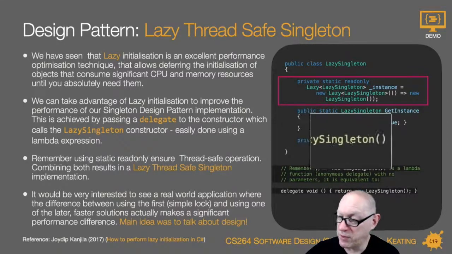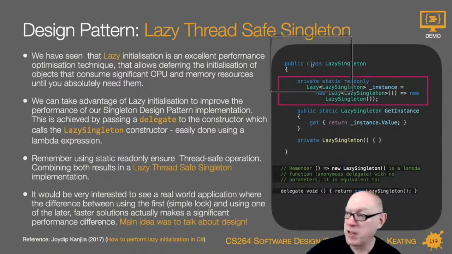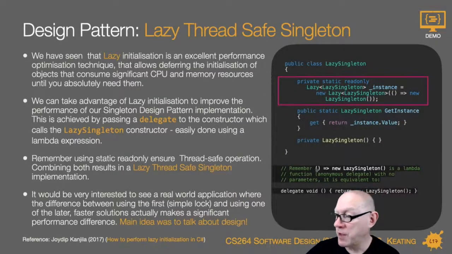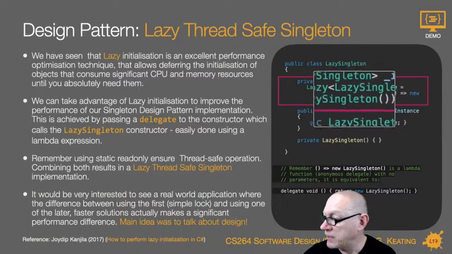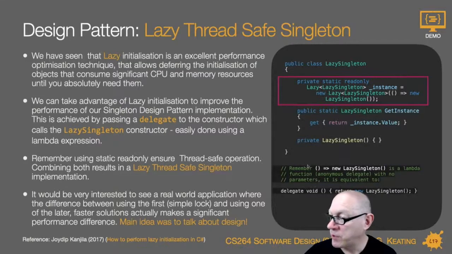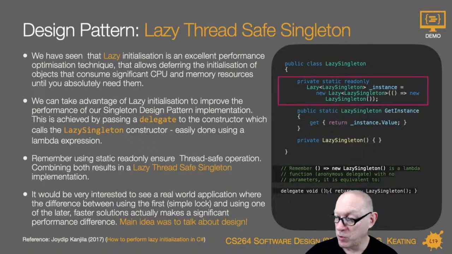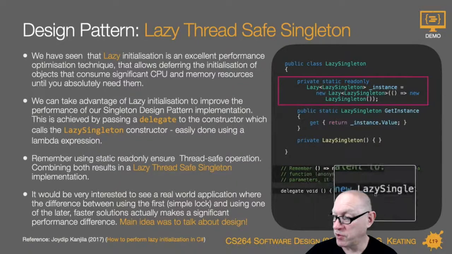We have the parameterless constructor that's private, so it can't be called from outside, even the public class here. Remember this line of code, you'll see it embedded in here; I've just taken it out here. That's a lambda expression, or lambda function, which returns an anonymous delegate with no parameters, and it's equivalent to this delegate, a void function that returns a new lazy singleton.